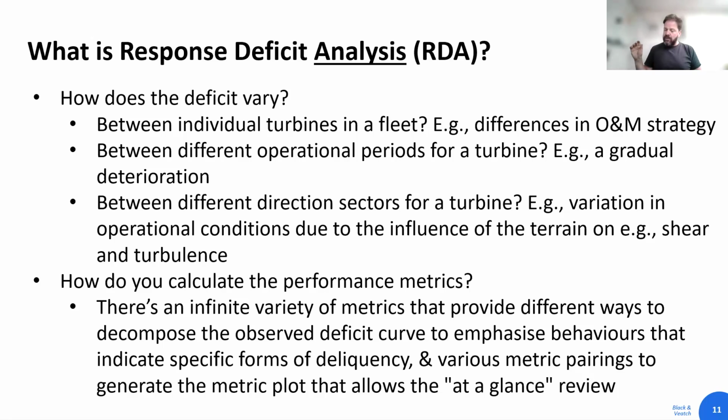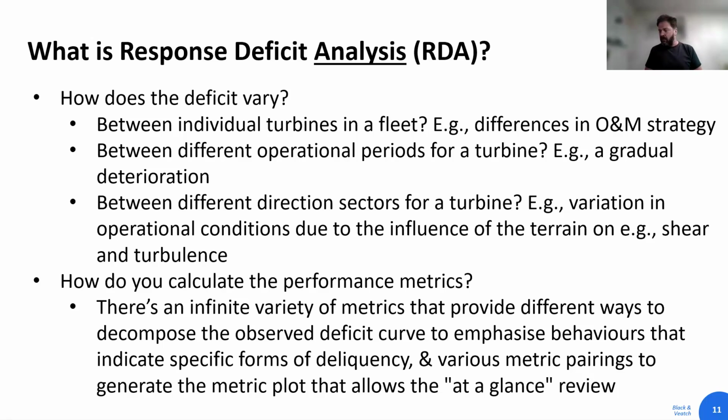There are metrics that will be more sensitive to the skewness of the curve, and metrics that will be more sensitive to the kurtosis of the curve. Different kinds of shape will have a stronger impact on different metrics. And so different kinds of performance anomaly result in different kinds of deficit curves.